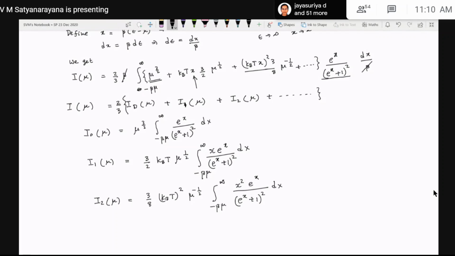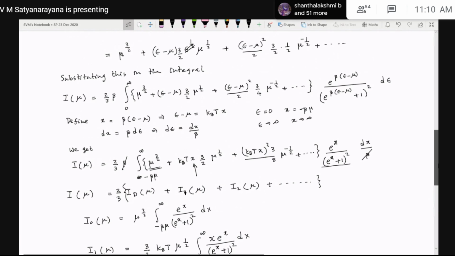Okay. So now we have to evaluate these 3 terms. And remember, so far we have not made any approximation.